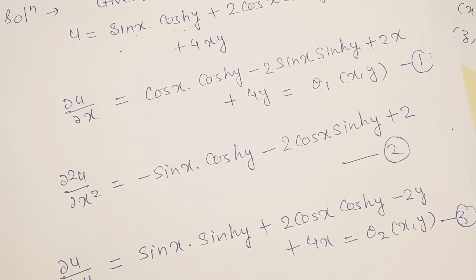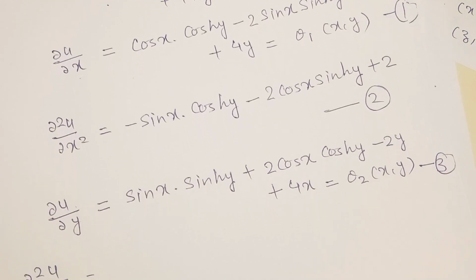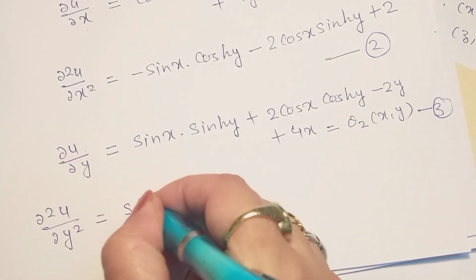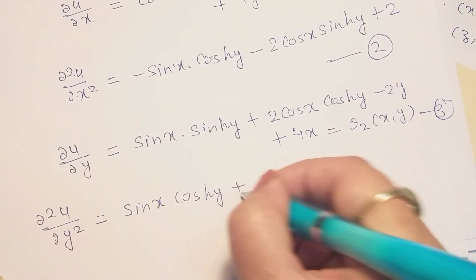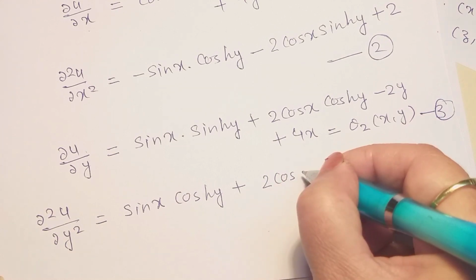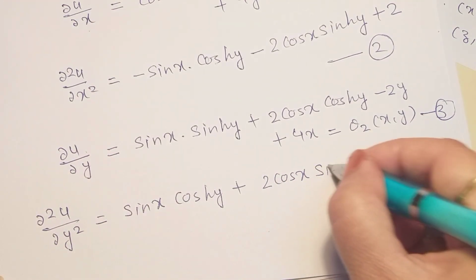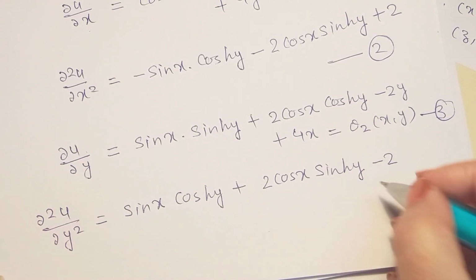Now again del square u by del y square. We get sin x cos hy plus 2 cos x sin hy and minus 2.